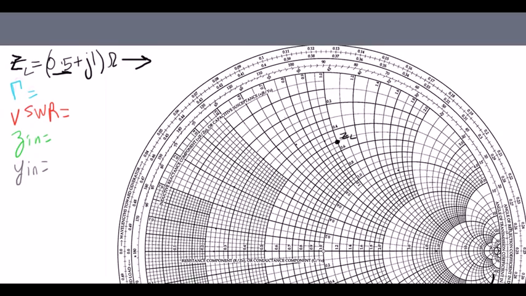This is where you get the angle of the reflection, as I mentioned earlier. We go to the color that reflects that. So we need to figure out this load starting from the origin. I'm going to try to draw a straight line. I don't have a ruler for this.